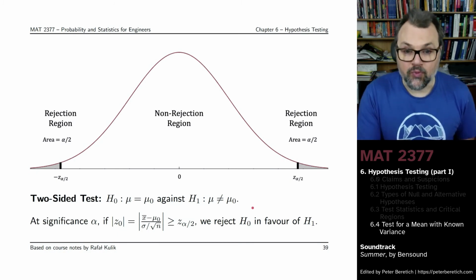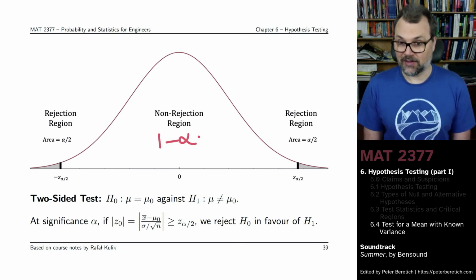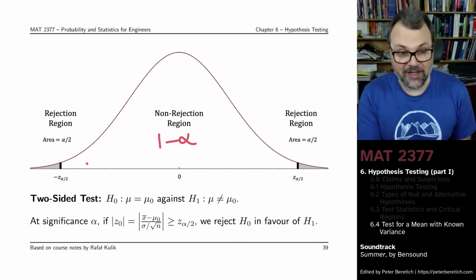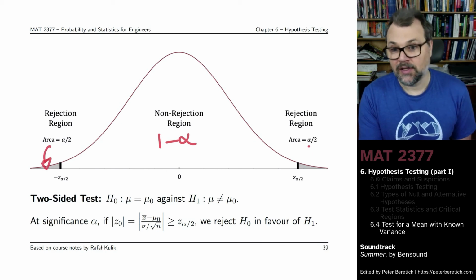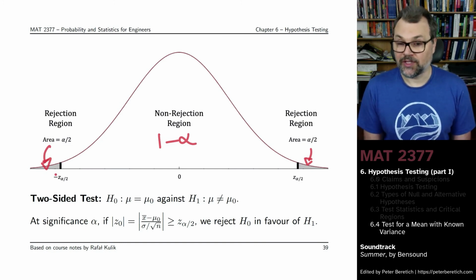Here, the non-rejection region still has an area under the curve of 1 minus alpha, and in order for this to make sense, that means that you are looking for the critical values where the area here would be alpha over 2, your significance level alpha divided by 2.